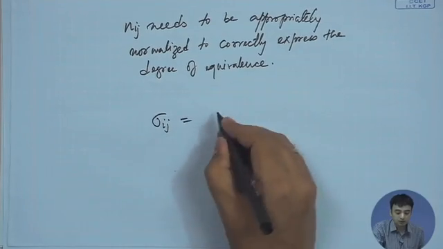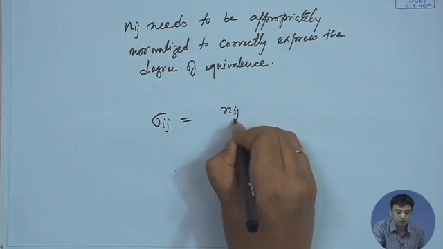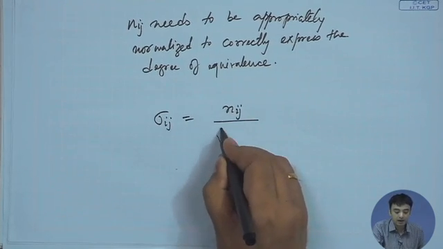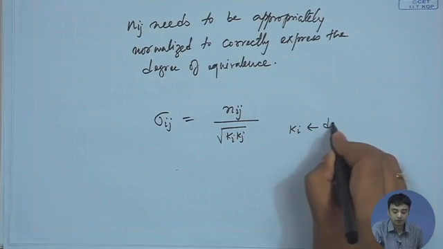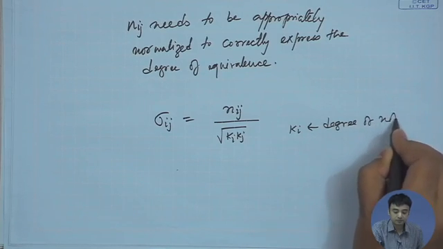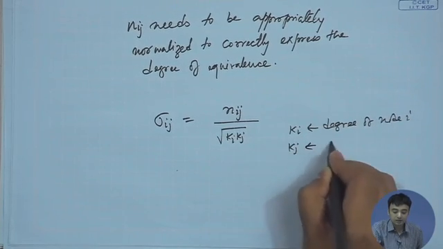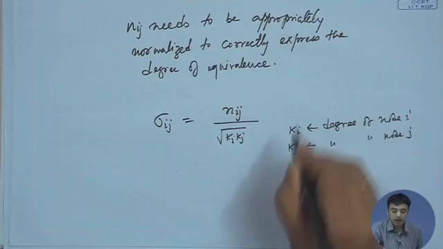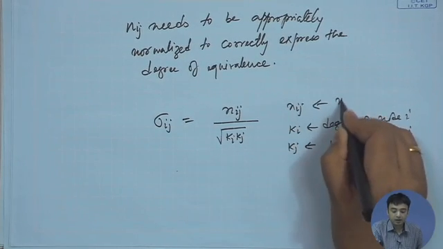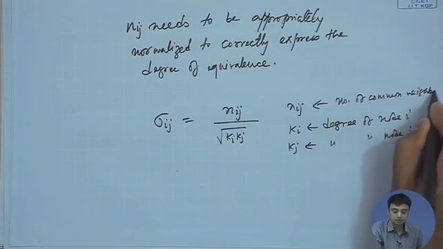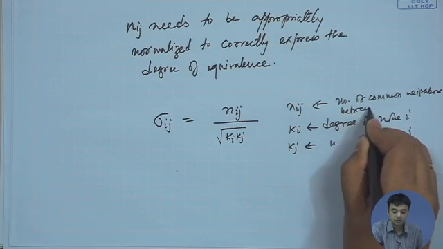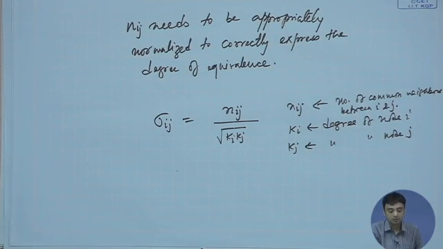So finally, sigma ij, that is the cosine similarity, is equal to Nij divided by the square root of ki kj, where ki is the degree of node i, kj is the degree of node j, and Nij is the number of common neighbors between nodes i and j.